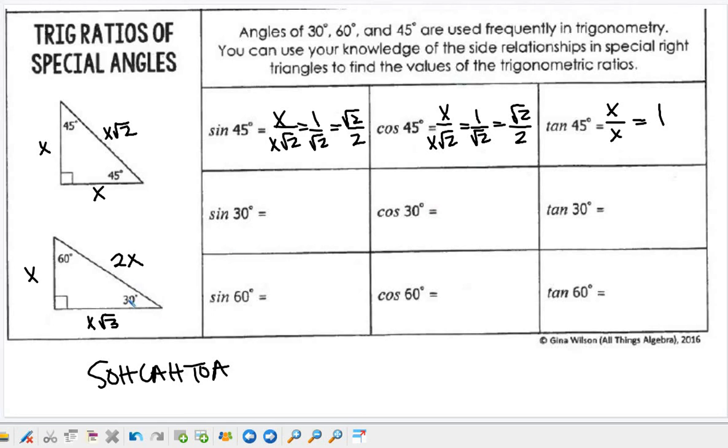So sine of 30, here's my 30 right there. Sine is opposite over hypotenuse, which reduces to 1/2. Cosine is adjacent over hypotenuse, which reduces to square root of 3 over 2. And tangent is opposite over adjacent, which we then rationalize to the square root of 3 over 3.